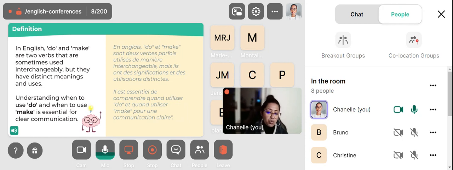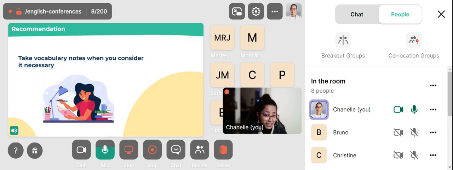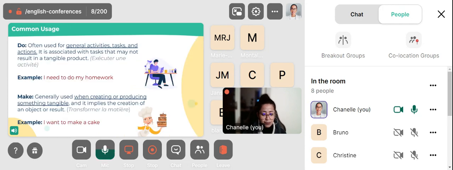Understanding when to use do and when to use make is essential for clear communication. Juste à droite, il y a la traduction en français. D'accord? So you can have a look at that if things are not too clear. As I said, please feel free to take vocabulary notes when you consider it necessary. However, you can also wait for the presentation to be sent to you.